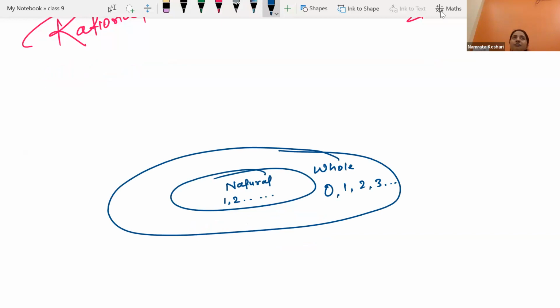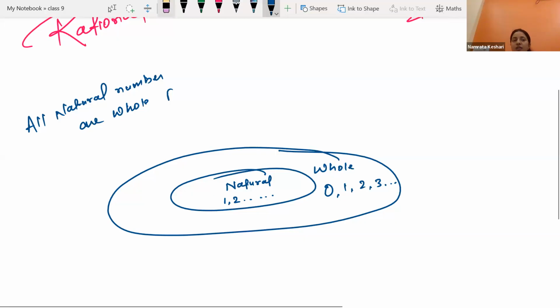If I say all natural numbers are whole numbers, is it true, Aleph? No, ma'am. If it were all whole numbers are natural numbers, that would be false, since 0 is a whole number but 0 is not natural. But all natural numbers are whole numbers is correct.